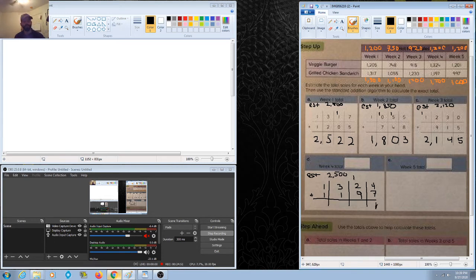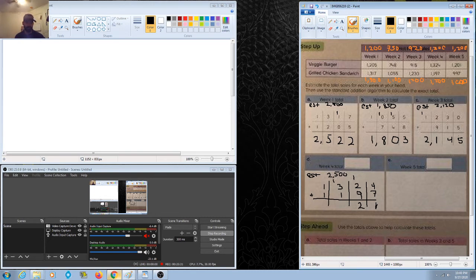1 plus 2 plus 9 is 12. But remember, this is 12 groups of 10. So that's going to be 120. So we put the 2 here, representing the tens place of 120, and we carry this 1, being that that is one group of 100, now represented in the hundreds place.